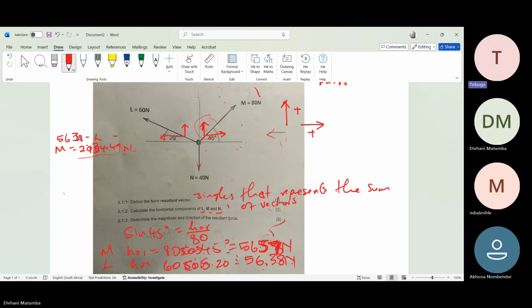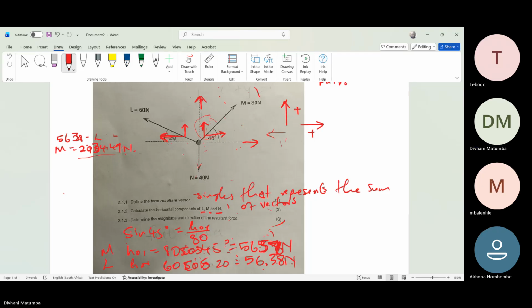So why are we minusing? We are minusing it because this force is pointing in the opposite direction. Because we are dealing with vectors, you have to choose the positive direction. In this case, our positive direction is upwards and to the right. Any force going the opposite direction is going to be a negative force.